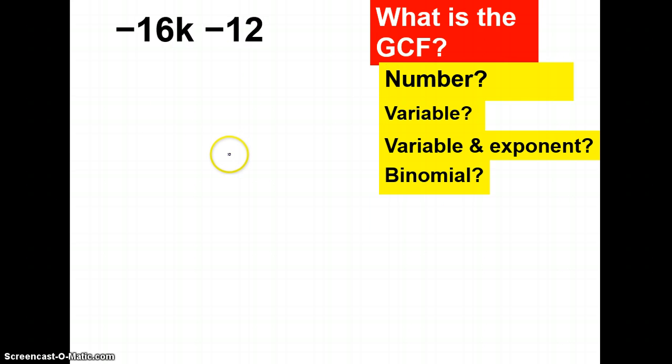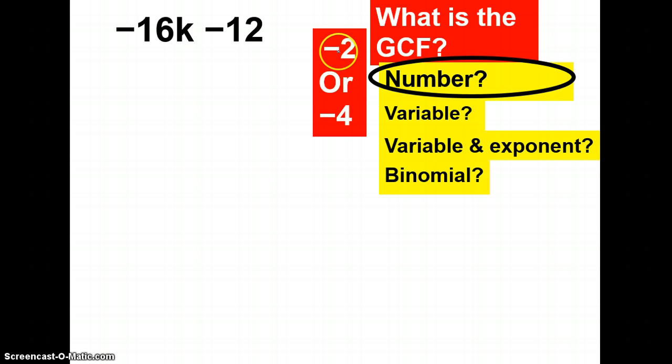Let's try another one. So what am I going to factor out here? A number, a variable and an exponent, or a binomial? A number. So in this case, will it be -2 or -4? Now I say negative because they both share a negative. But which is the largest number I could take out? -4.